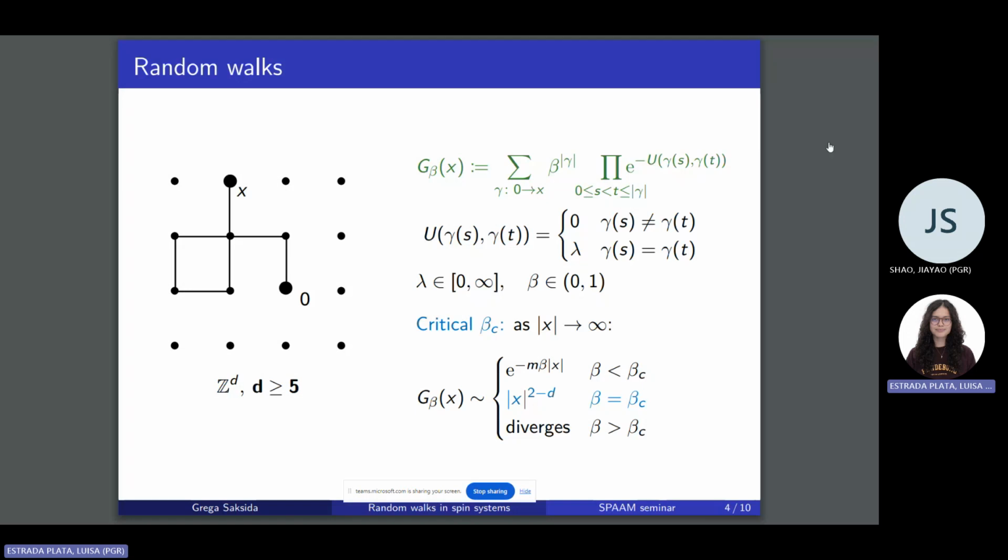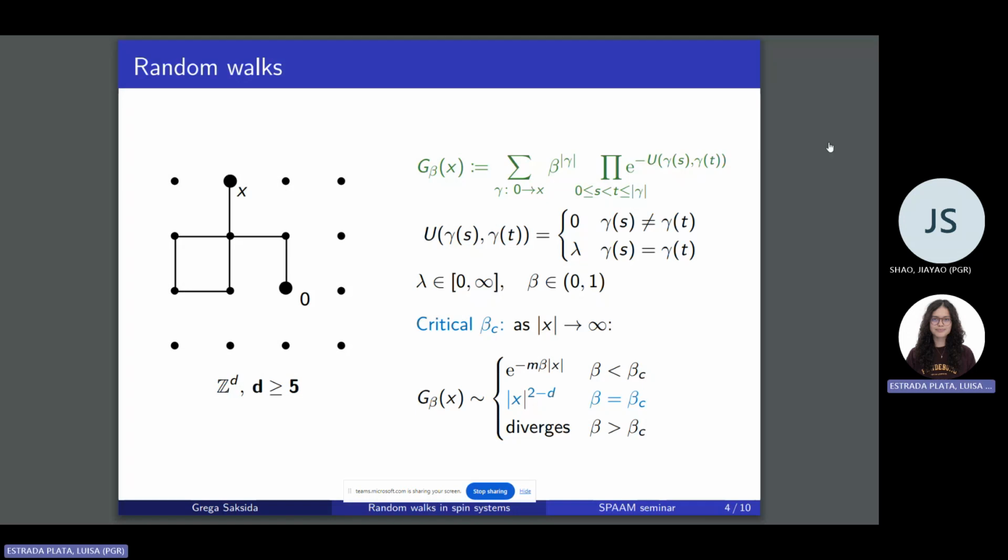If we set lambda to 0, we just get back the original random walk because this is always 1. And if we set lambda to infinity, then this would be 0 as soon as we have one self-intersection, which would mean we are strictly prohibiting self-intersection. And then this function would only count strictly self-avoiding walks. Otherwise, it counts all of the walks, but it gives lower weight to walks that have a lot of self-intersections.